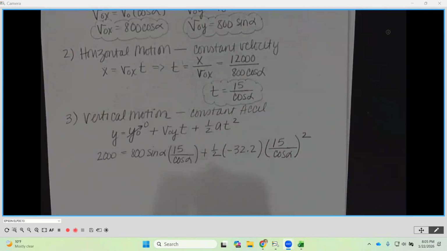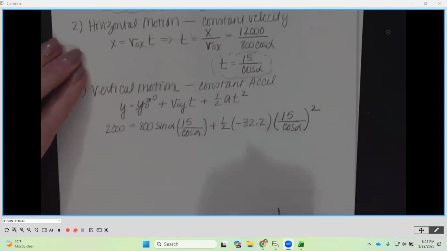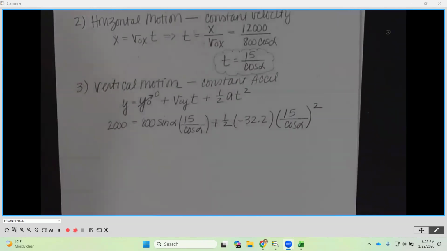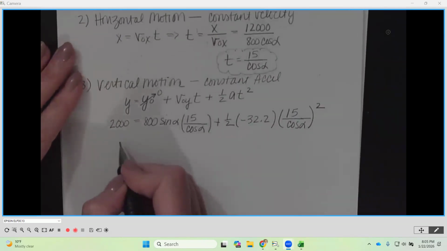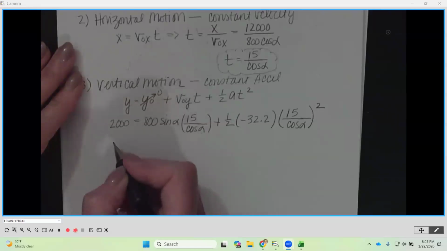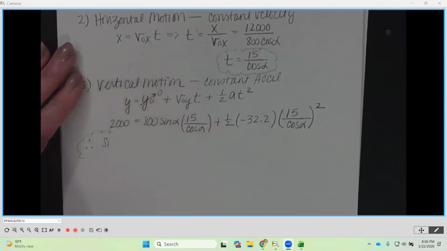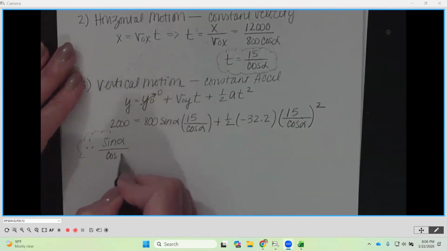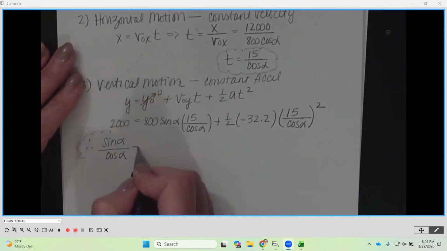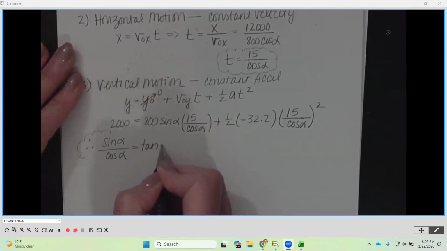Now, trig identities. Before we go through this business here, let's remember those, all right? So I'm just going to put this as a little bubble by itself, okay? We know that sine alpha divided by cosine alpha is equal to tan alpha.